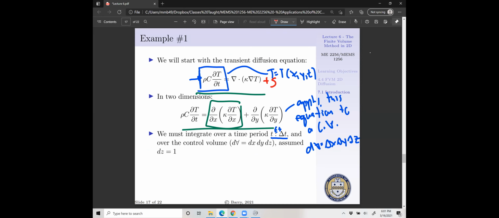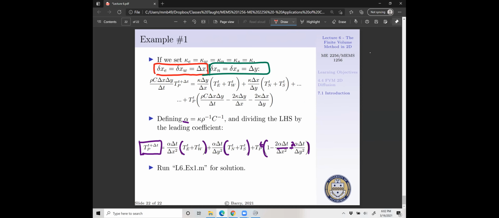When you integrate that guy, you're just going to multiply it by your differential volume, and you're going to integrate it over delta t. So that delta t all gets divided out. So really, at the end of the day, you can just tack it on and you're done.